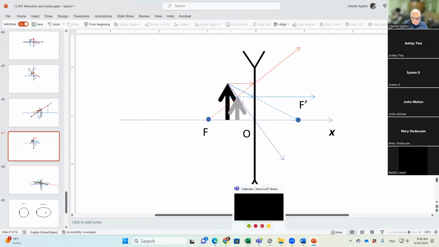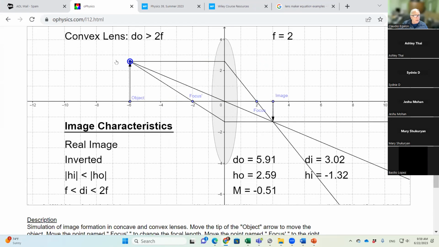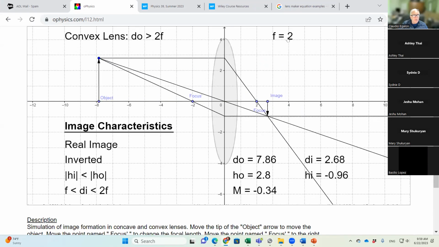We can do that in the simulation as well. Here you go. We gotta change the focal point of this guy.